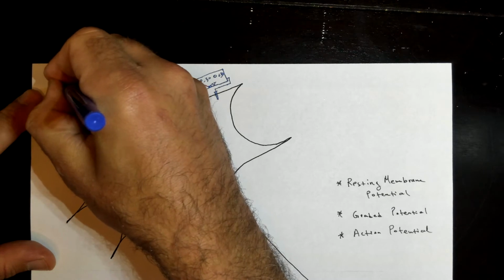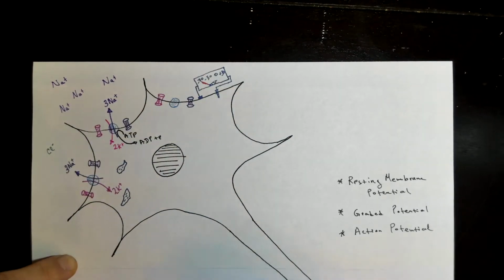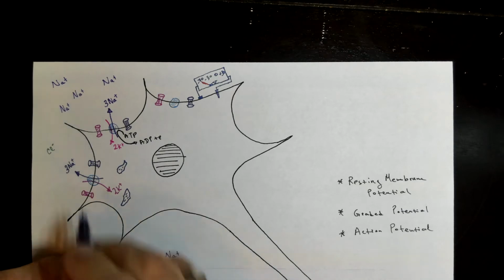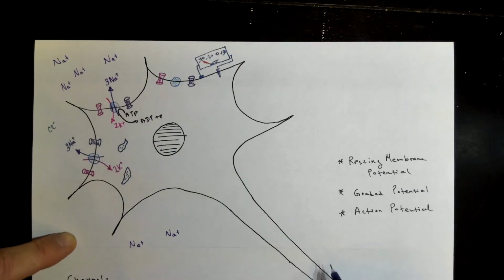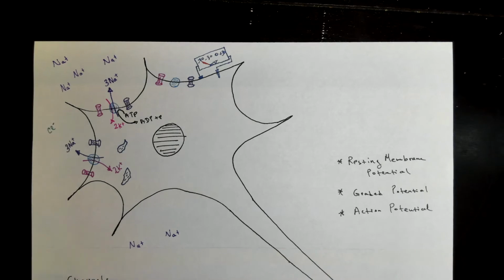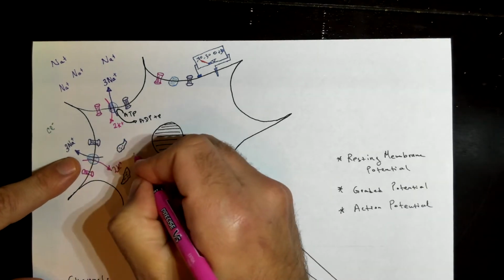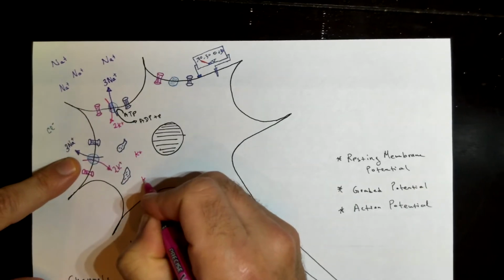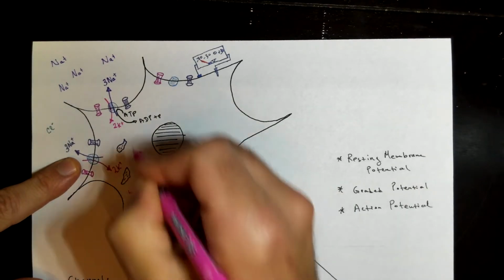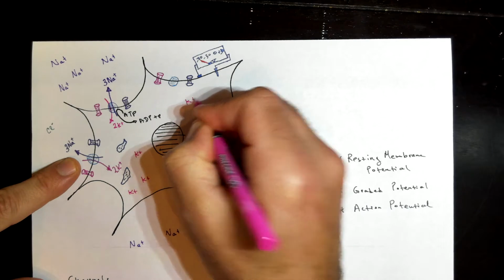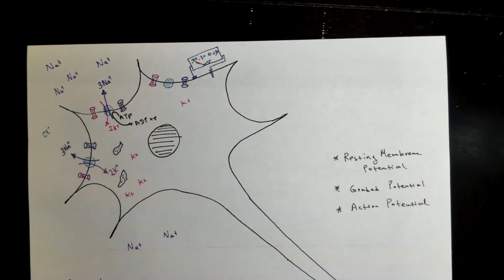High sodium levels are found outside the cell, and this will be all over the place, right? Because let's not forget, these sodium-potassium pumps are going to be everywhere. And simultaneously, a lot of potassium will be found inside the cell. And again, this will be all over the place within the cell.